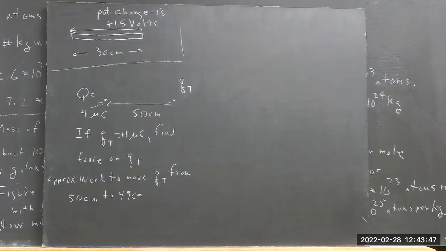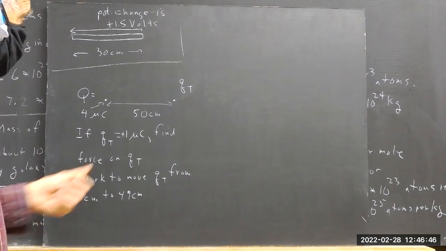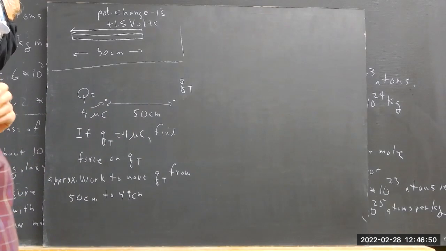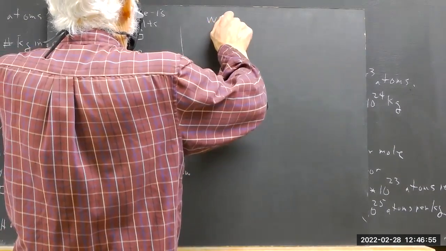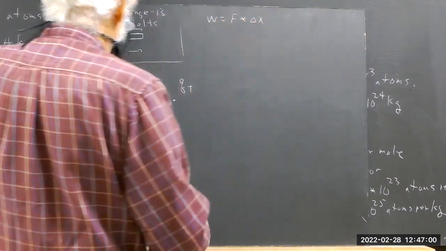So see if you can outline what you would do. Figure that out. Okay. So to do that, you got the force, or you got the distance. So we'll just say delta x.